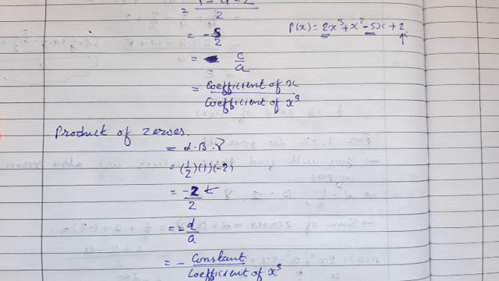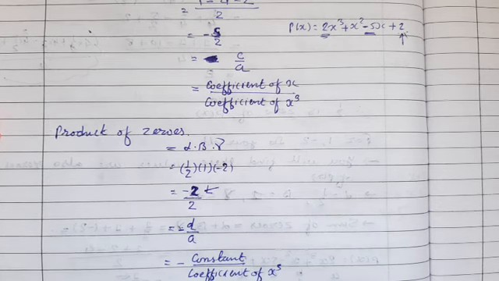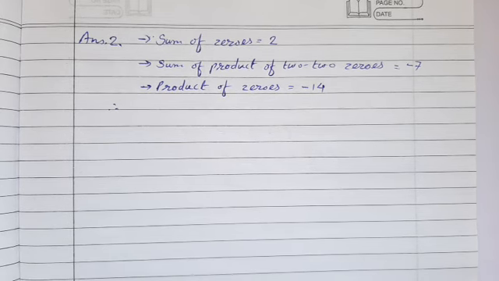We will do the same thing for sum number 2 of question number 1. Now in answer number 2 you are given the sum of three zeros, then the sum of product of two zeros and the product of all three zeros for a cubic polynomial, and you are asked to find the cubic polynomial which has these things.